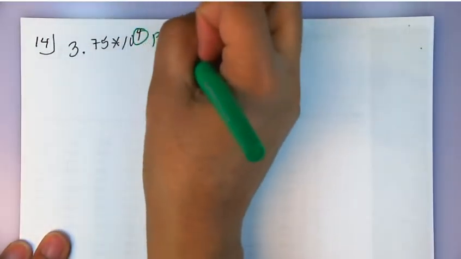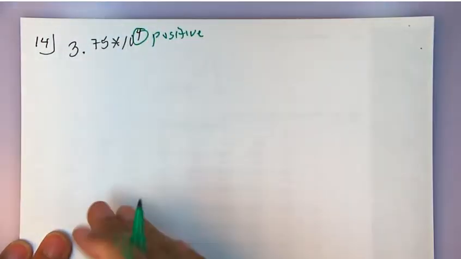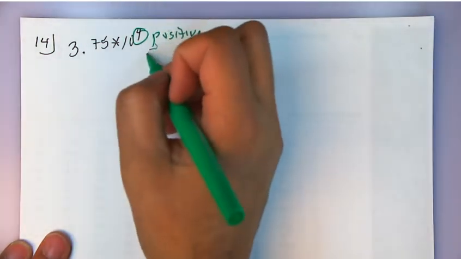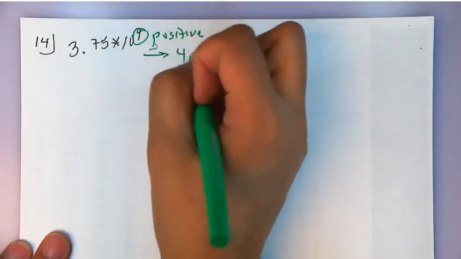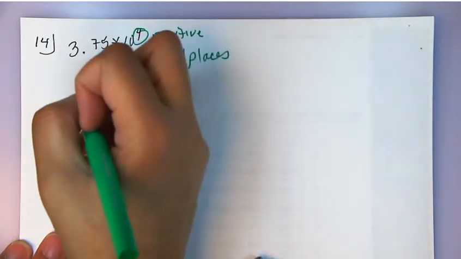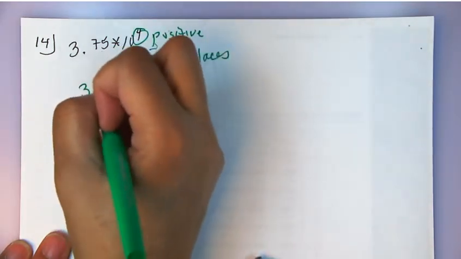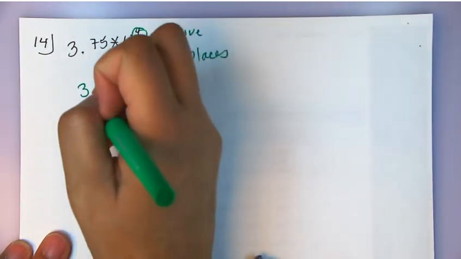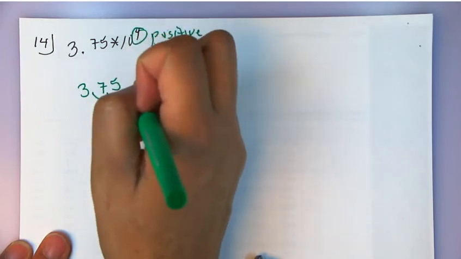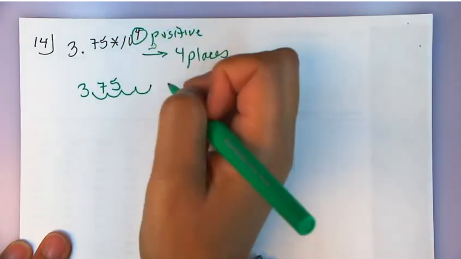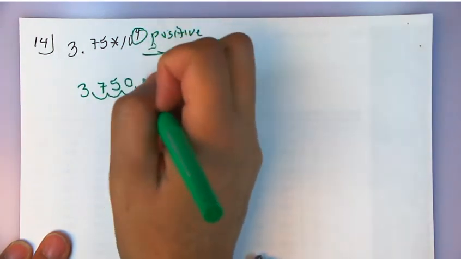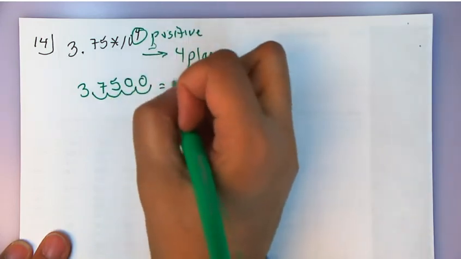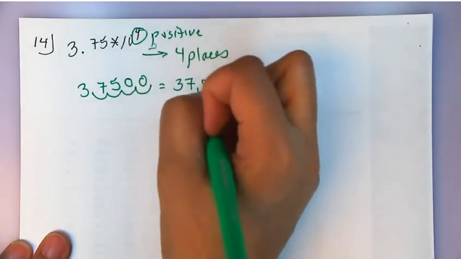So since the 4 is positive, we're going to be going to the right 4 places. Let's do that. We're going to take 3.75 and go to the right 4 places. So that's 1, 2, 3, 4. And what do I need to add in? 2 zeros, exactly. So my answer is going to be 37,500. Very good.